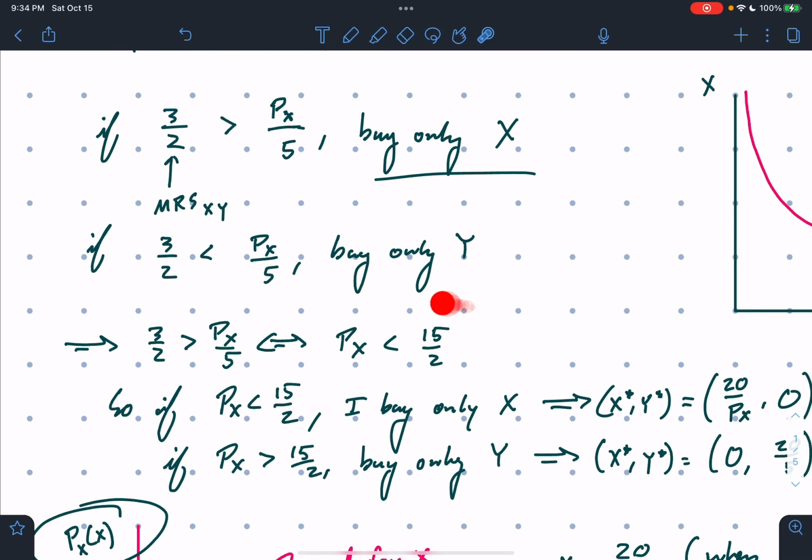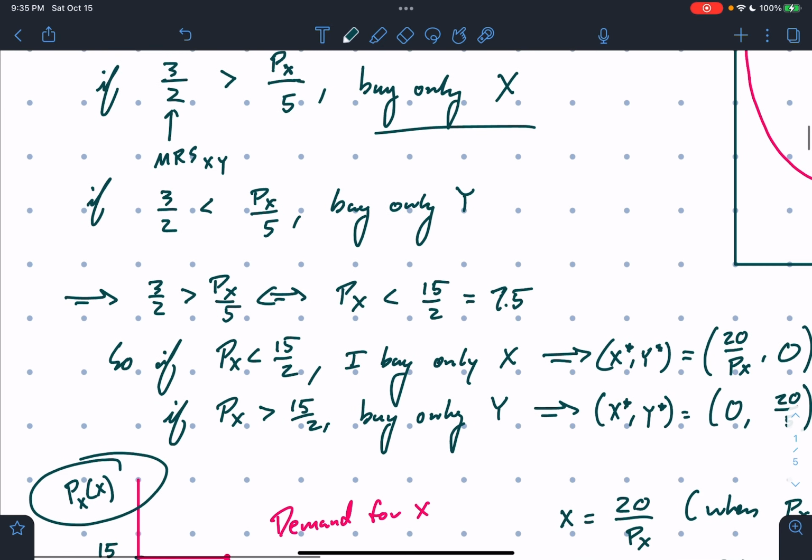So we can simplify this condition. 3 over 2 is greater than px over 5 simplifies to just px is less than 15 over 2. In other words, this is 7.5. So if px is less than 7.5.